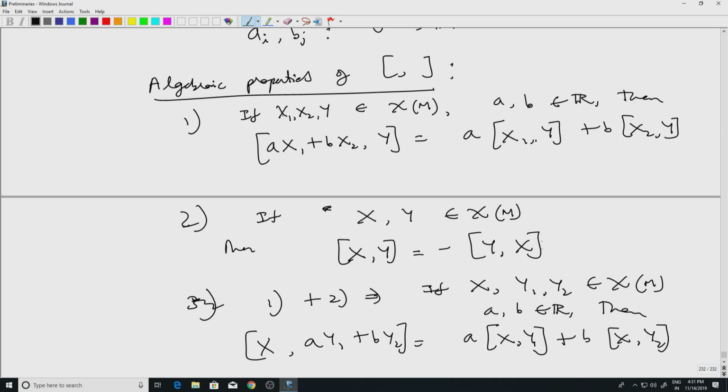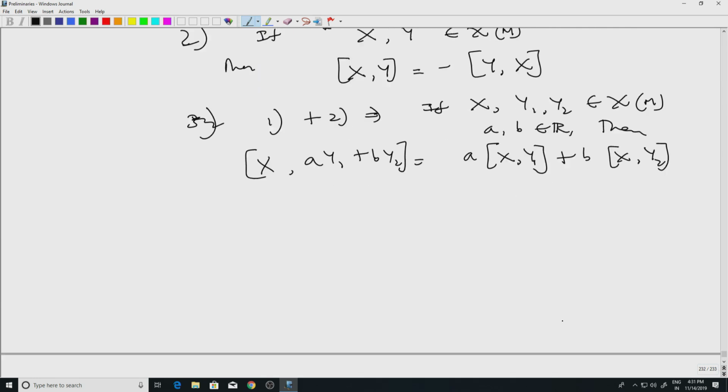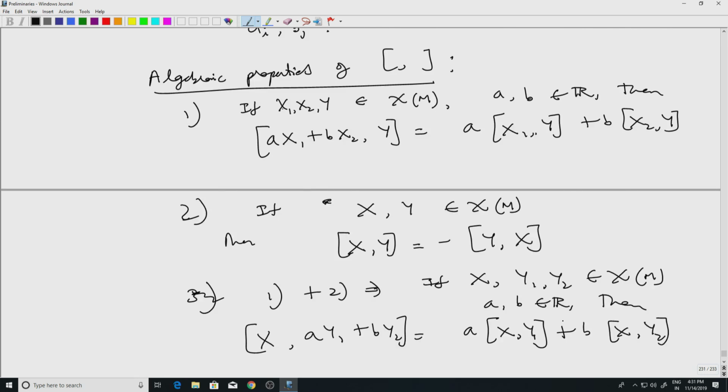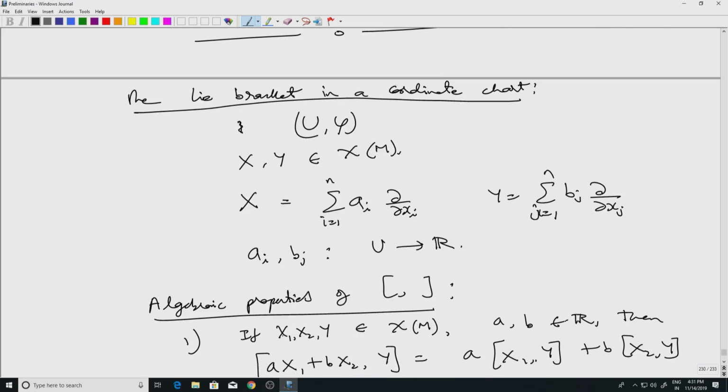These are the trivial properties. There is something more unexpected which happens with three vector fields, which I won't mention now. For now, let's just use these and simplify our calculation.